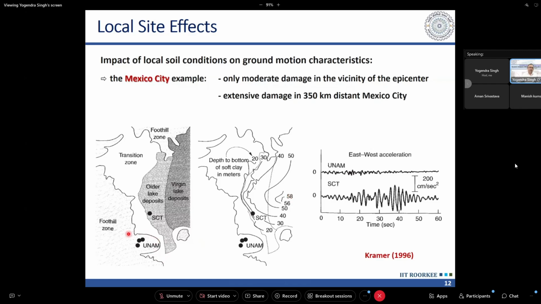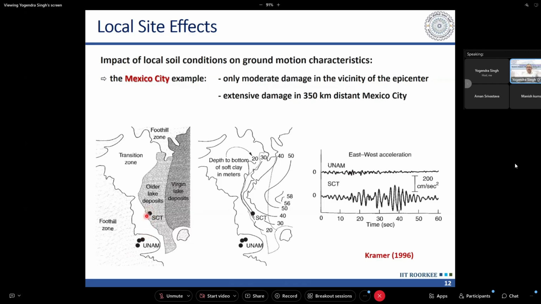So two recording stations were there in 1985. One is this UNAM, University of Mexico, and another one was a station located here, SCT. UNAM was located on rock, on the foothills, where rock is available at the surface. So we can see that here there is no effect of the soil. Whatever we are getting is the vibration of the rock itself.